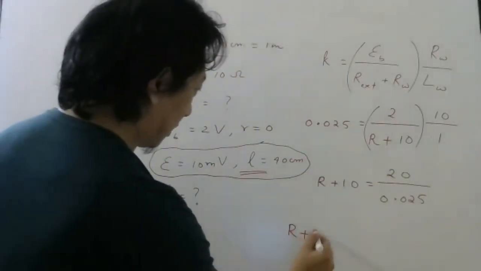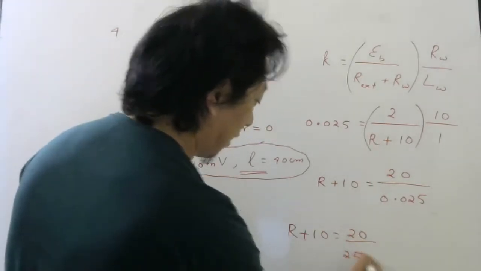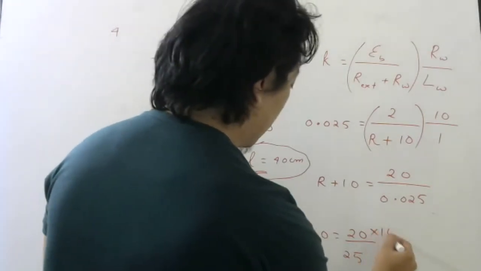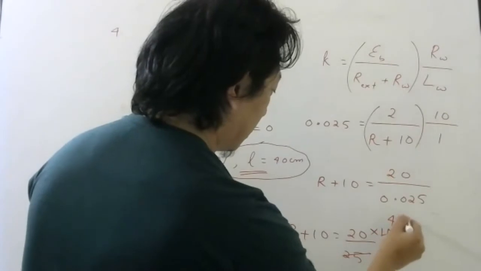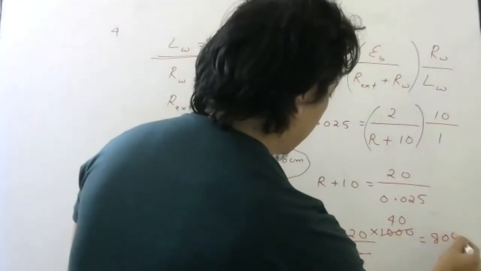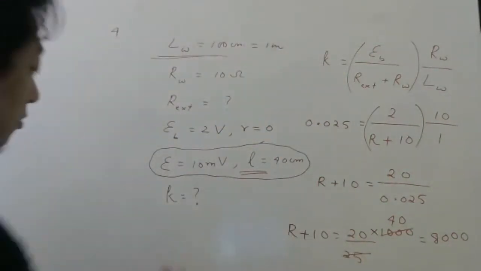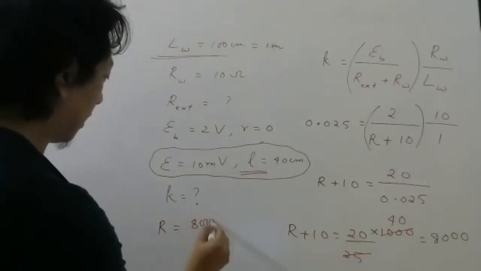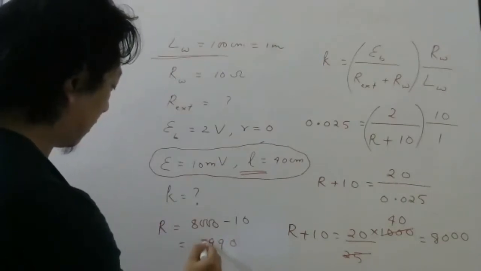So R plus 10 will be equal to 20 divided by 25 into 10 power minus 3, which goes up, so 1000. 25 4s are 100. So this will be 8000. 4 2s are 8, 8000. Finally R will be how much? 8000 minus 10.